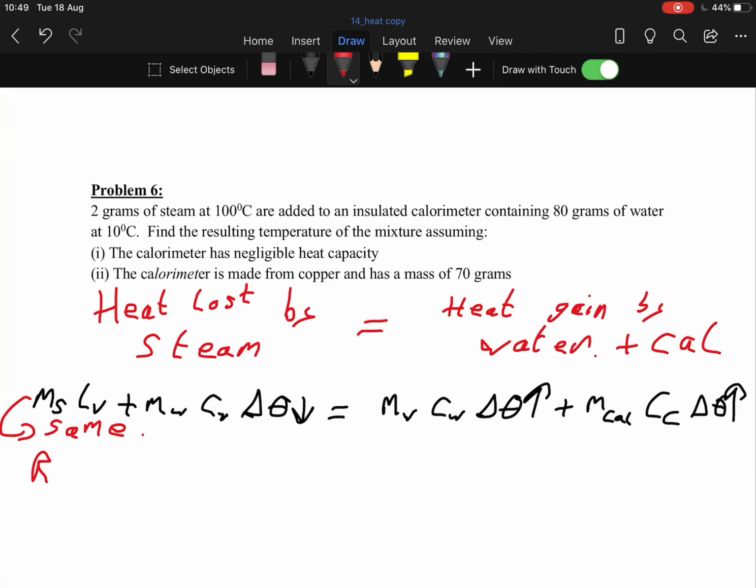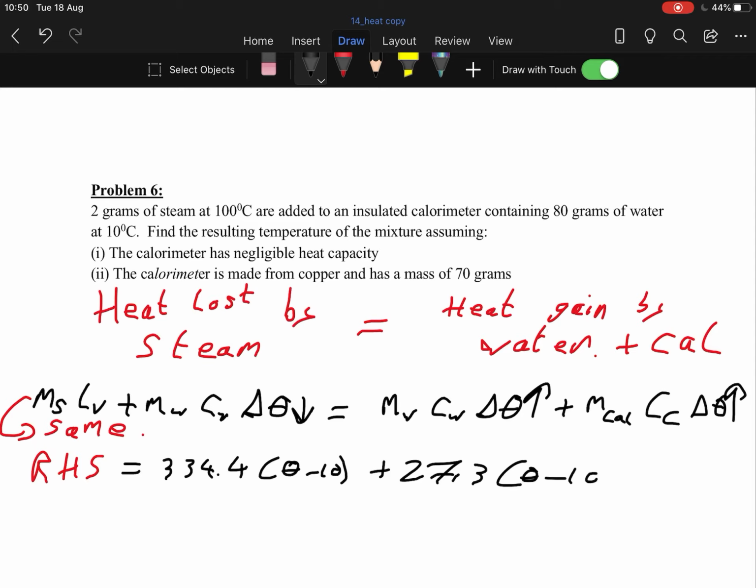So the right hand side will become, for water, 334.4 into theta minus 10 plus 27.3 into theta minus 10. That's what you should get because this is the same as above.